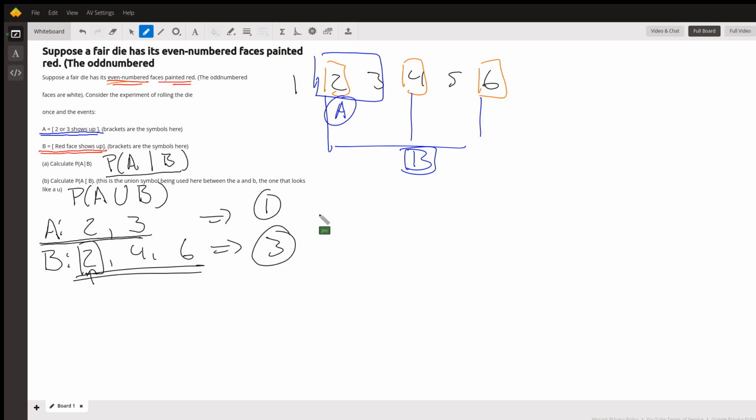And so what that means then is the probability that A occurs given that B has occurred is one way out of 3. That is 1/3. There's one way for A to occur out of the 3 ways that B could occur.